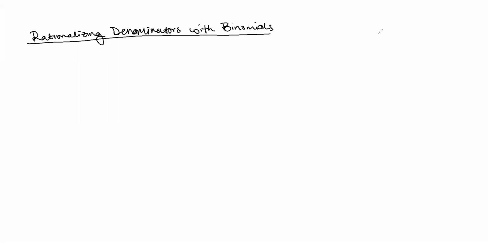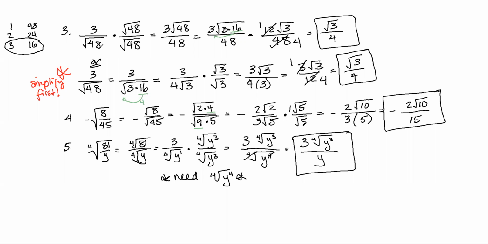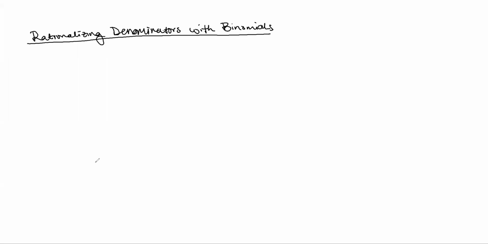All right, so hopefully you remember that binomials are polynomials, so we have x's and numbers that have two terms. So in our previous examples, we had single terms on the bottom. There was no addition or subtraction. In these ones, we're going to have binomials.